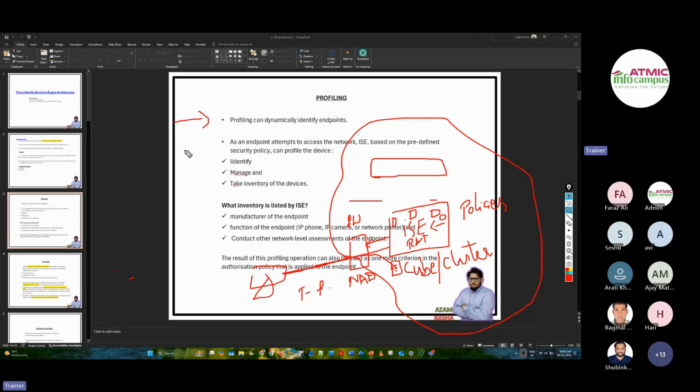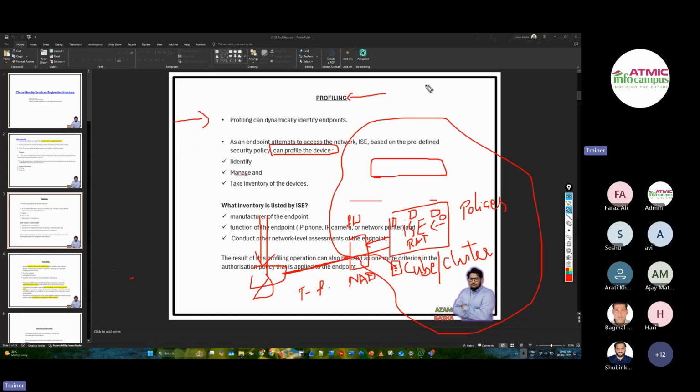Firstly, profiling can dynamically detect our endpoint, in this case, this one. As an endpoint attempts to access the network, ICE, based on the predefined security policy, can profile the device. So basically, what is profiling?